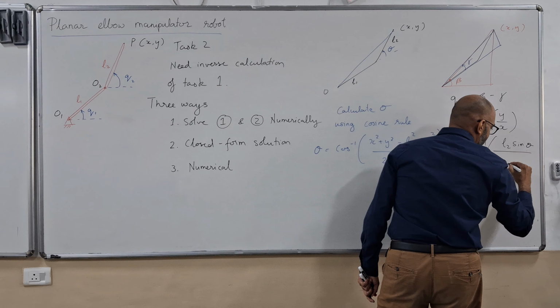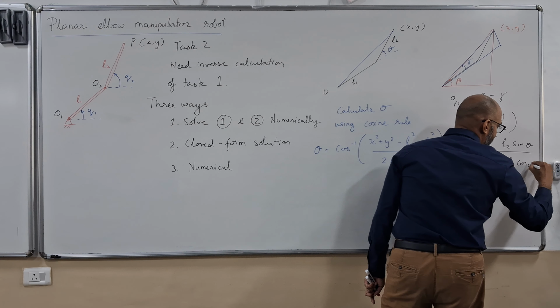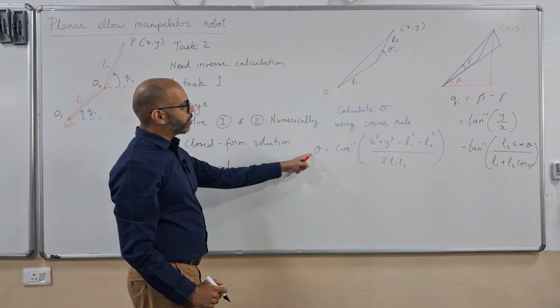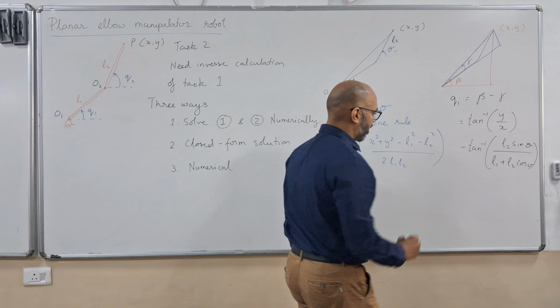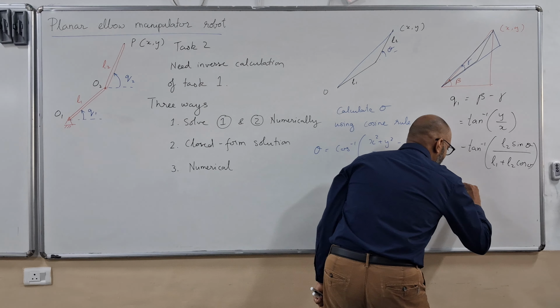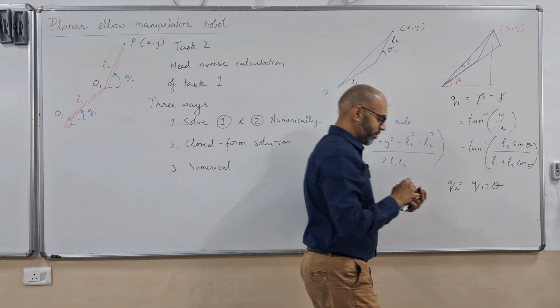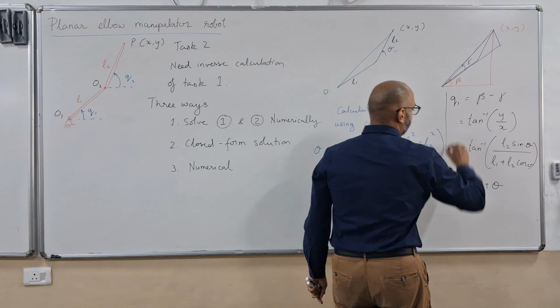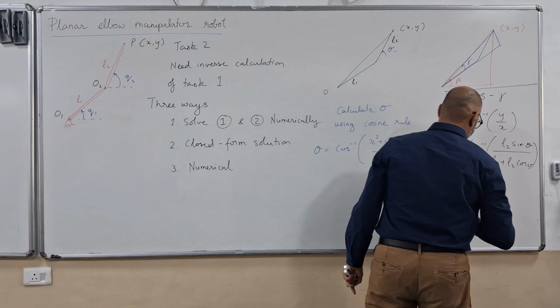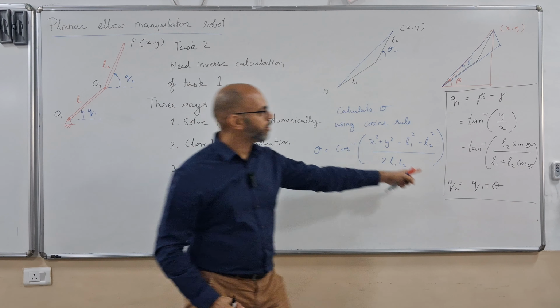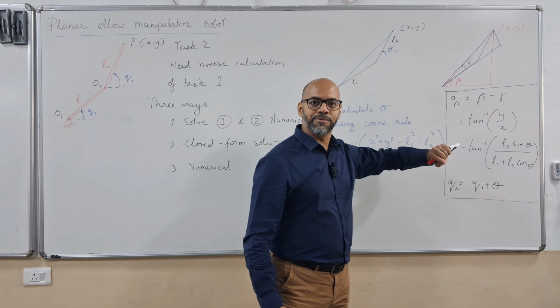So gamma is tan inverse of L2 sine theta divided by L1 plus L2 cosine theta. This gives me q1, and when I know theta and q1, then q2 is straightforward. It is simply q1 plus theta. So these two equations give me a closed form expression for q2 and q1 when I know x and y.